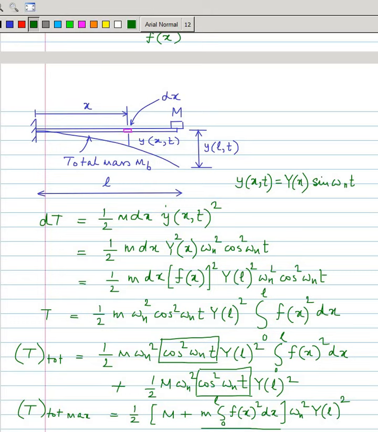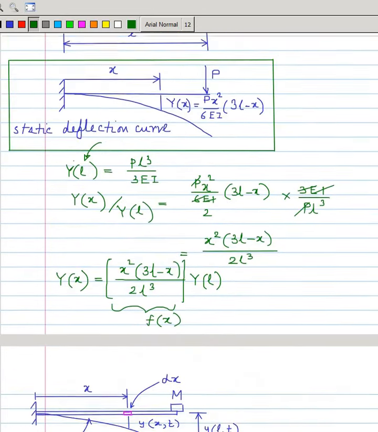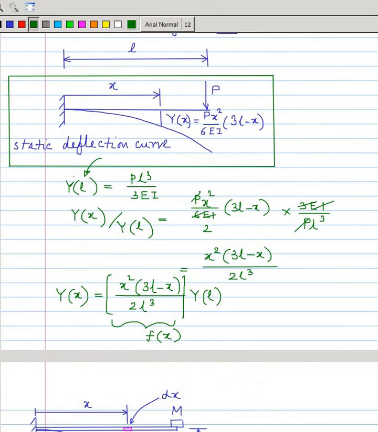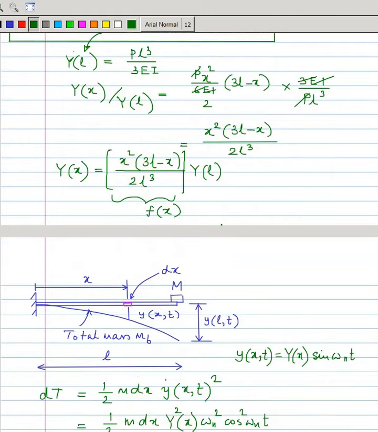Once you get this f(x), you can integrate it. I think this is correct, so please check it.